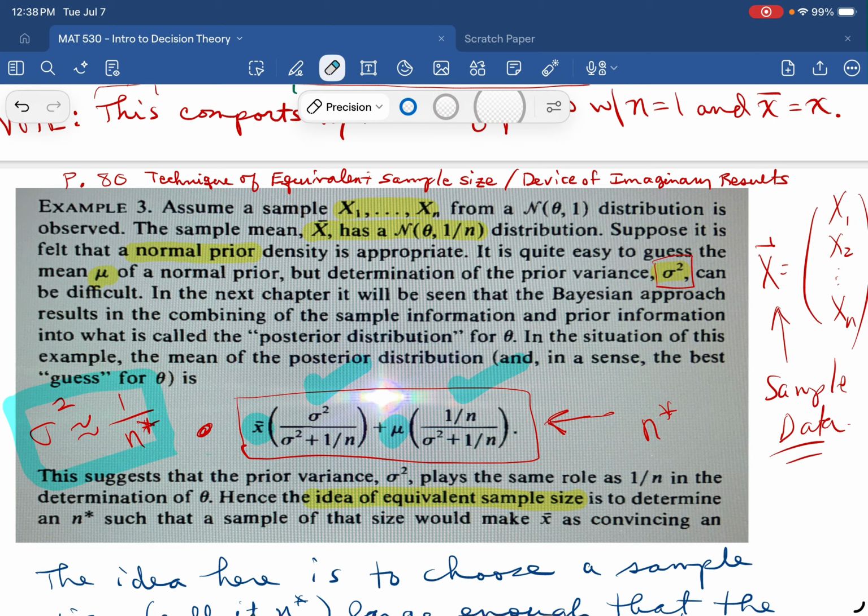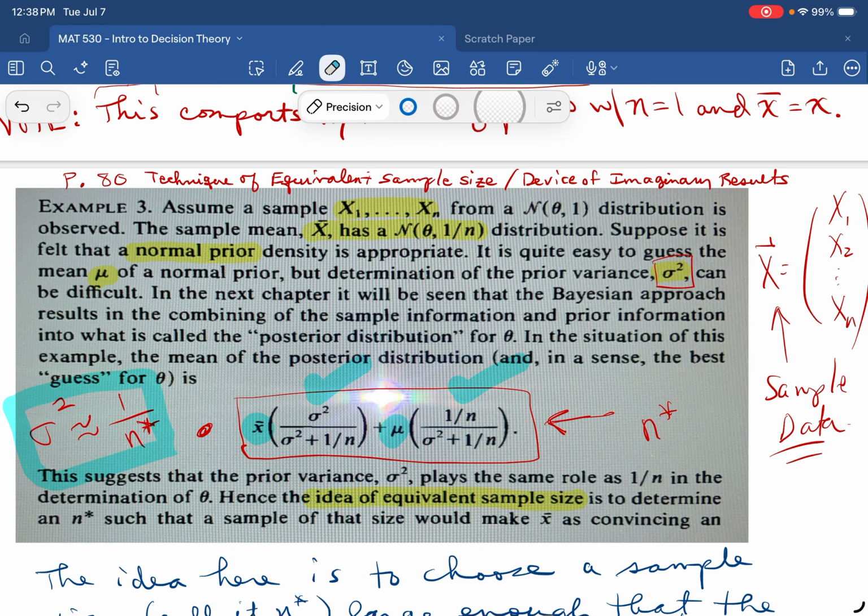So the idea is that we need to choose an n, which they're going to refer to as n star. We need to choose an n so that we value the subjective guess at the prior mean just the same as we now value the x bar, which we got from the data.